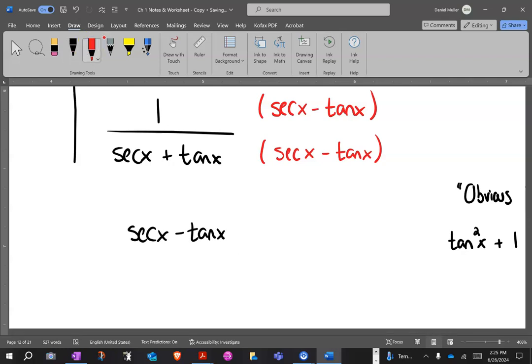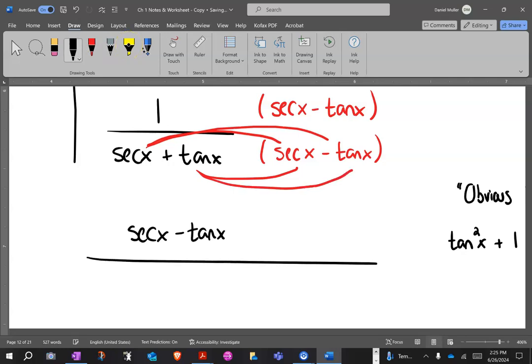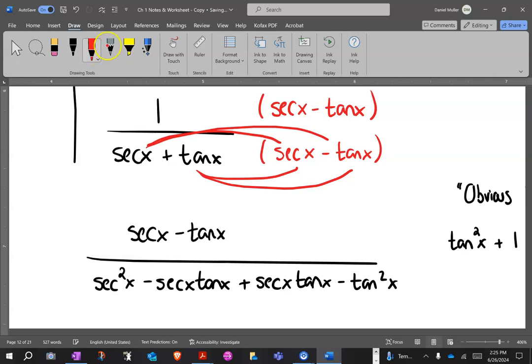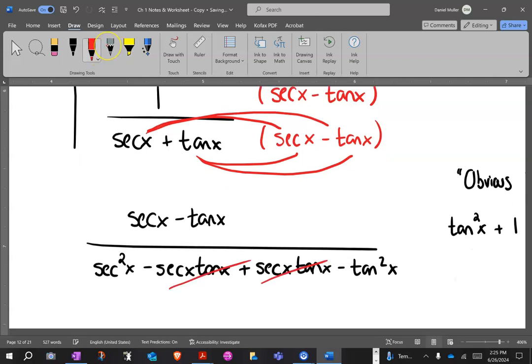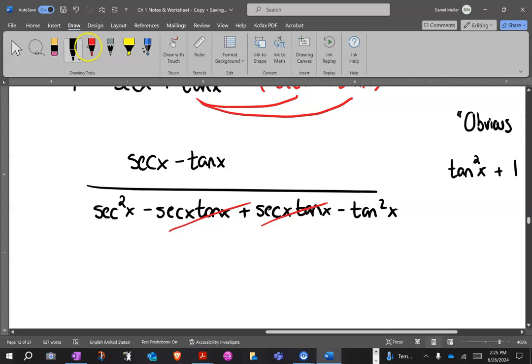So secant squared, negative secant tan, positive secant tan, those will cancel, and a negative tan squared. And again, those are what will cancel. So I have secant squared minus tan squared on the bottom.